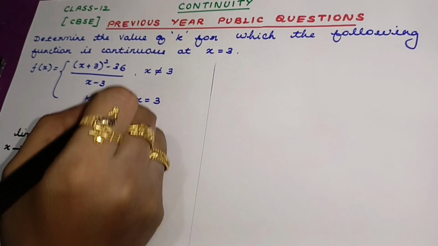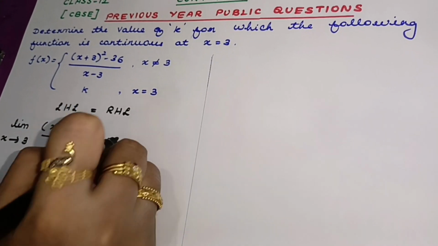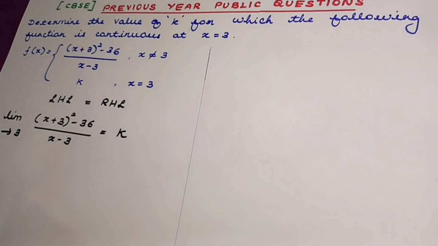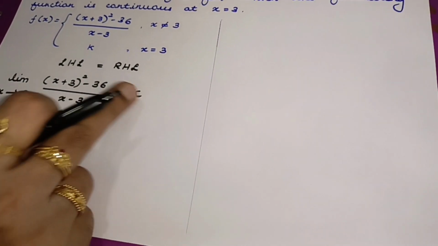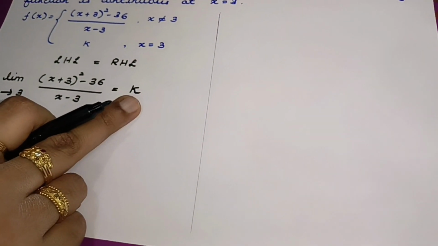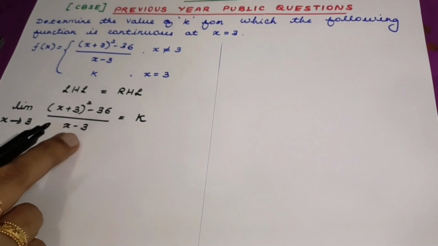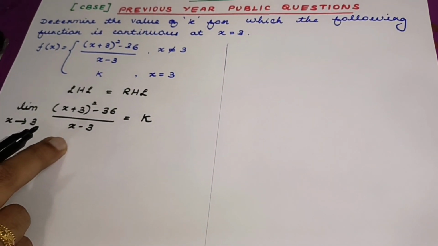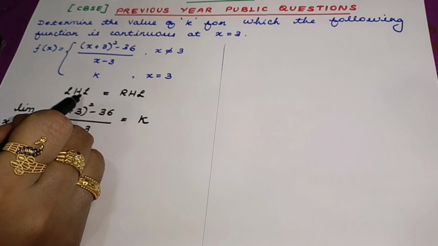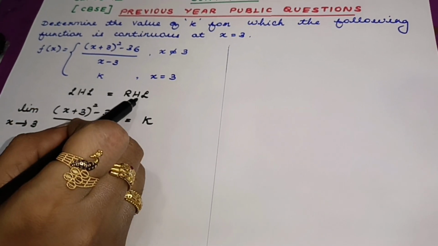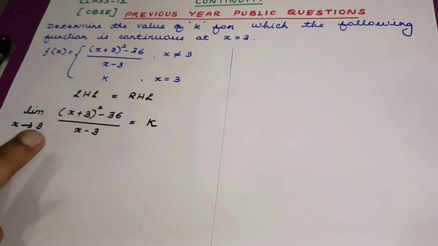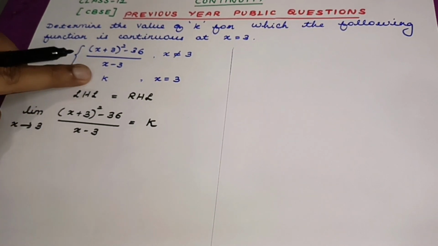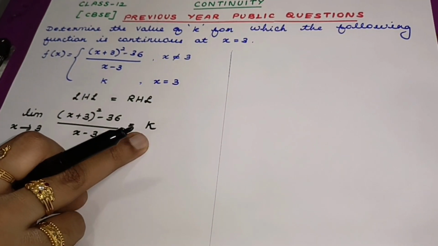For x equal to 3, the function is given as k. So we are equating these two, the function and the constant value k. We take this function as a single term because in a continuous function the left hand limit and right hand limit will be the same.